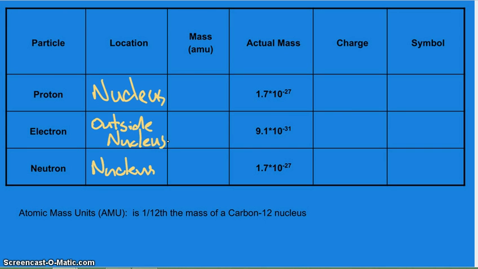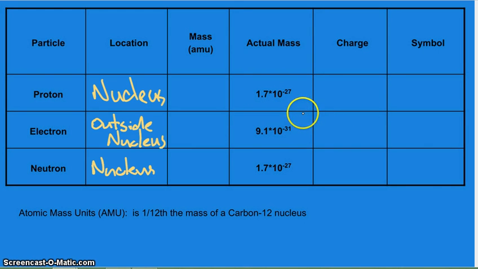Mass gets a little bit trickier. When we start talking about mass, remember we're dealing with particles that are extremely small that we can't even see with a microscope. So if we look at their actual mass, this is in kilograms, 1.7 times 10 to the negative 27th for a proton. So if you think about how small that is, that's a decimal point with 26 zeros after it, and then a 1, 7.